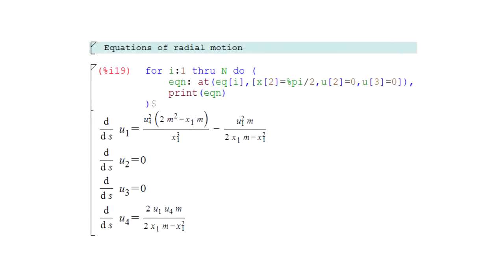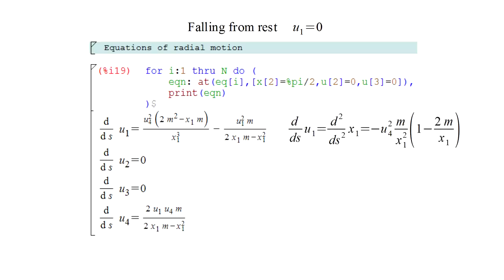Finally, we look at the special case of radial motion, where the angles theta and phi remain constant and the corresponding velocities are 0. The equations of motion reduce to the form shown here. For an object falling from rest, that is, with u1 equals 0, the first equation for radial acceleration reduces to minus u4 squared times m over x1 squared times 1 minus 2m over x1.